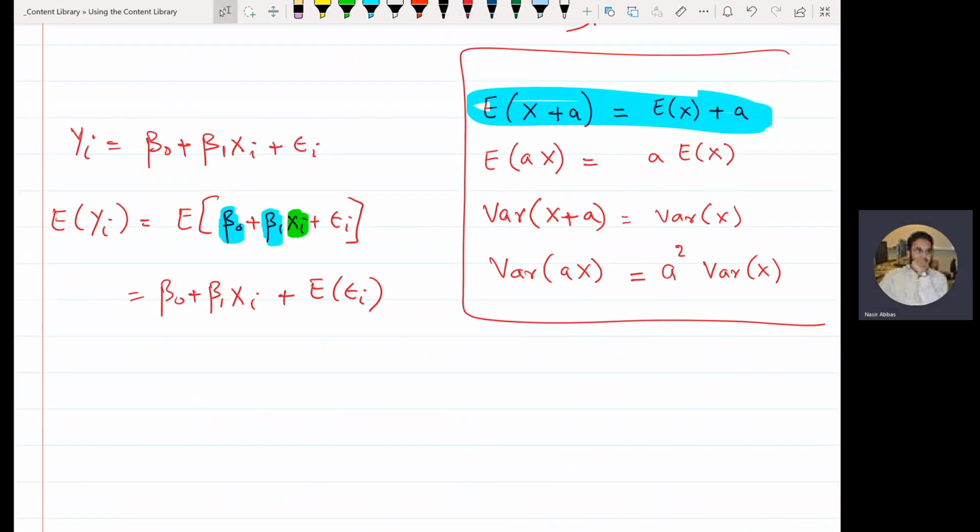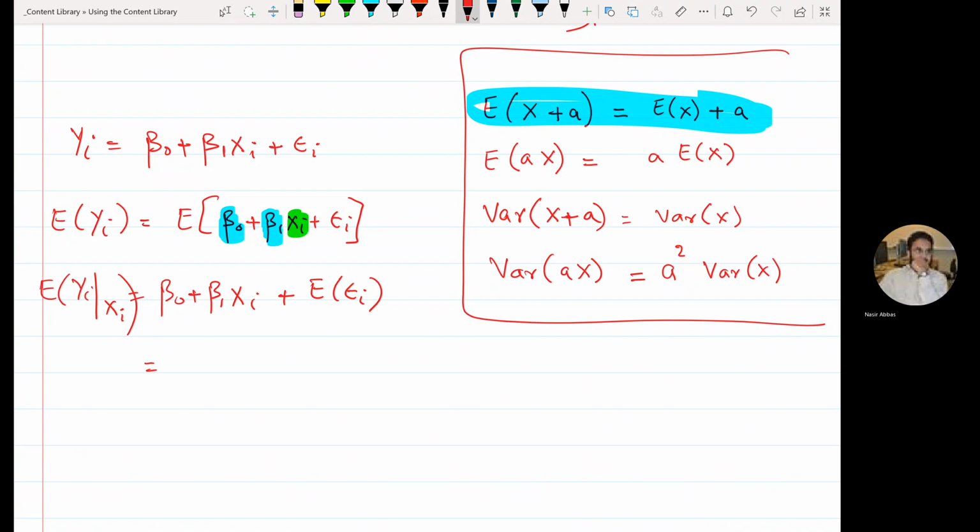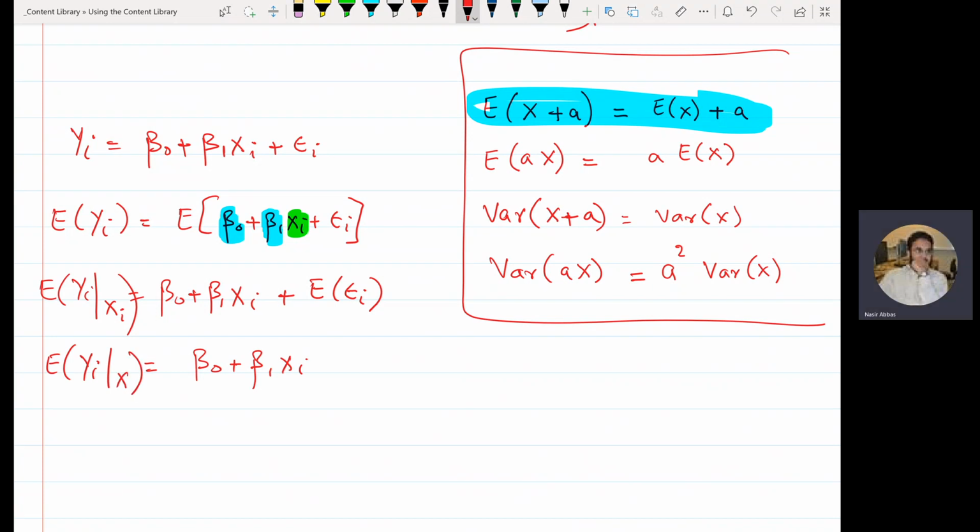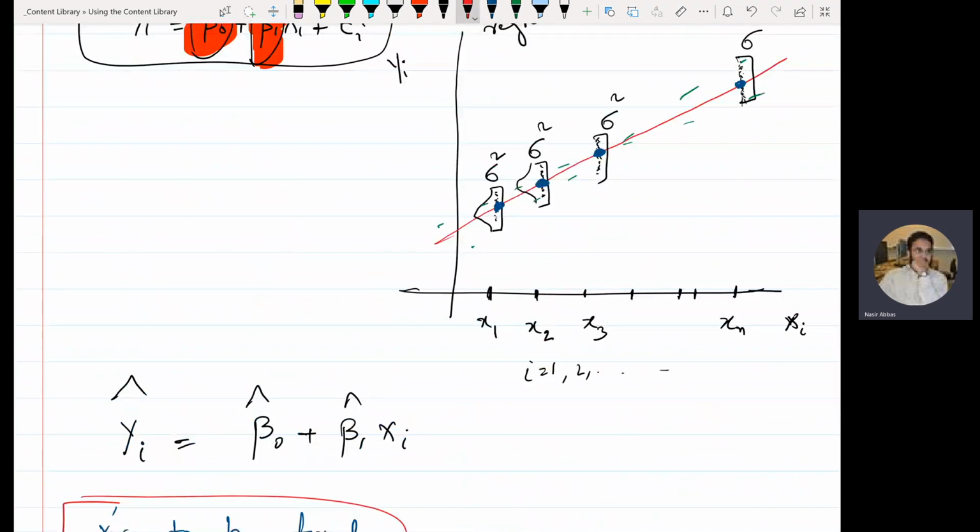Or if you're still confused, let me write this one. For a fixed value of x, this is the expected value of y for a fixed value of x. Y is also not random. Y is random because of epsilon. What is the expected value of epsilon? So at each point, the mean of y is nothing but beta naught plus beta 1 x.